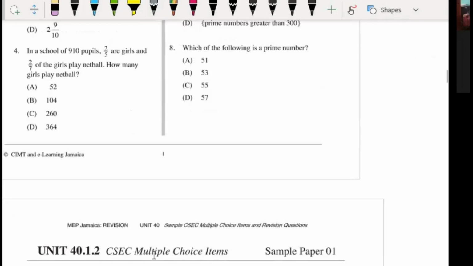In a school of 910 pupils, 2/5 are girls, and 2/7 of the girls play netball. How many girls play netball? All right, first of all, we're going to find out how many girls there are. So the problem says it is 2/5 of 910. So we're going to multiply 910 by 2/5.